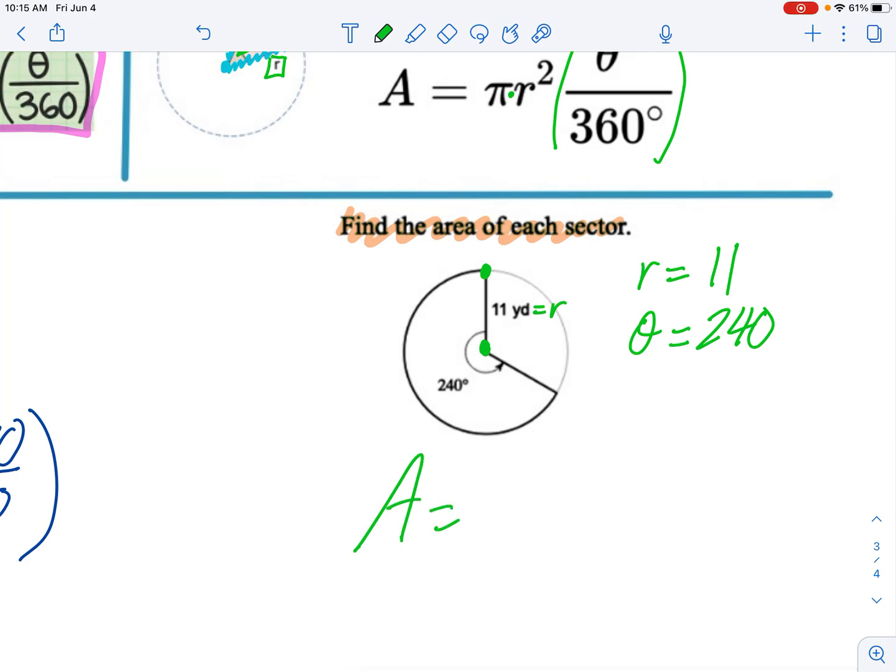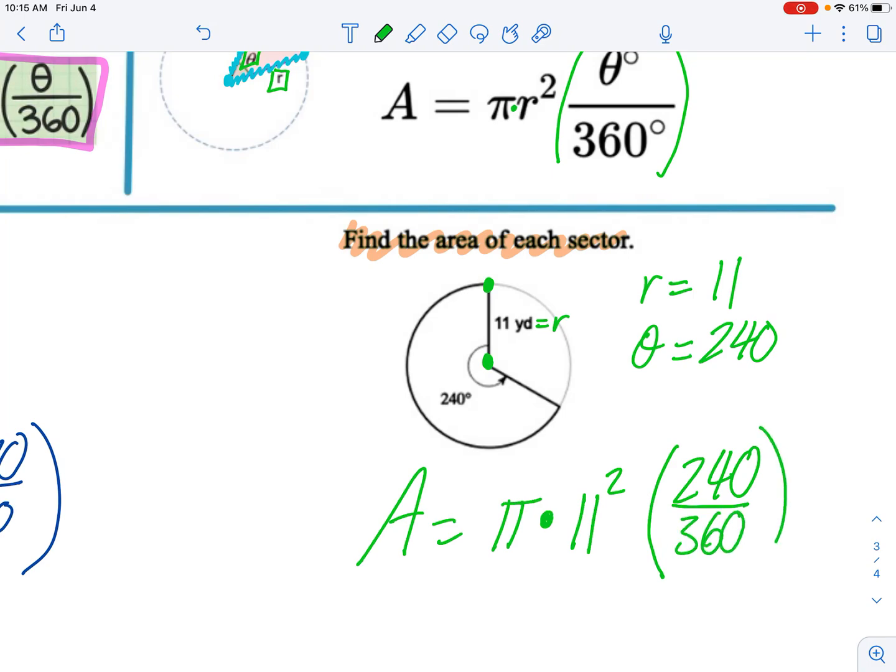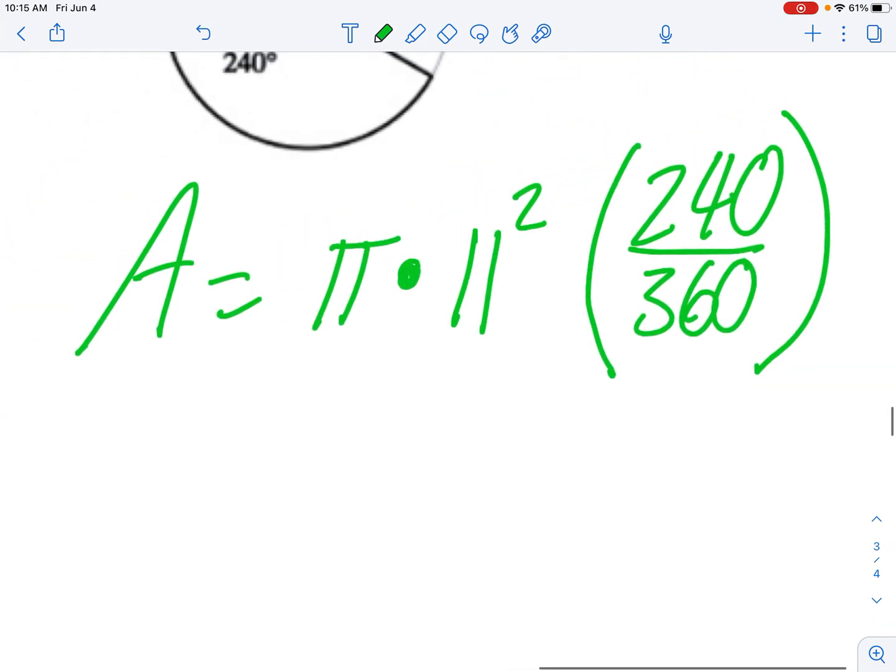A, area, is equal to pi times r squared. R is 11 squared, parentheses, theta is 240, divided by 360. Look at that.